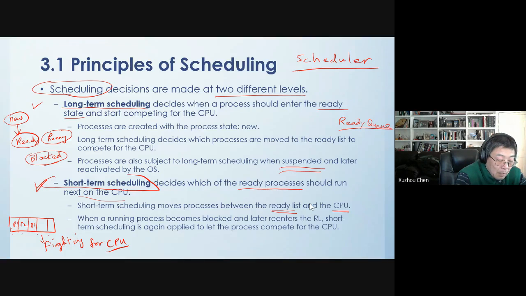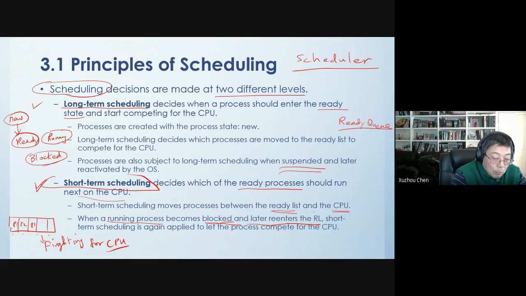Also, the short-term scheduling decides what happens when a currently running process becomes blocked. For example, currently the process is in the CPU and it's running. And then one of the instructions says, okay, I cannot continue unless you provide me more inputs. Then the process is blocked.